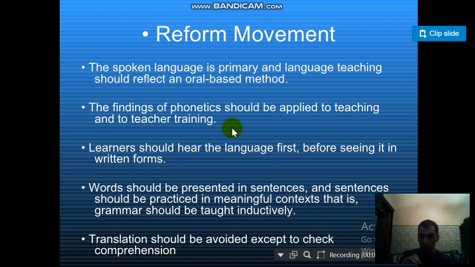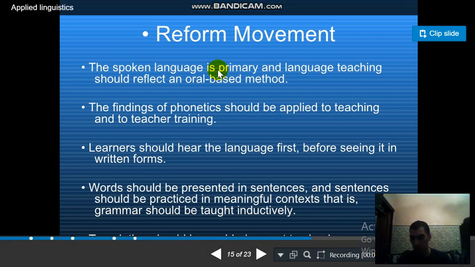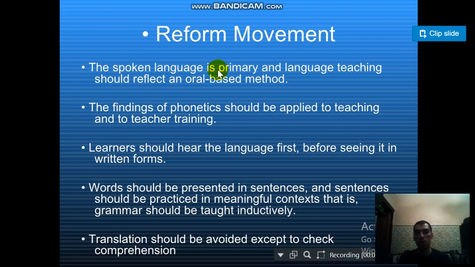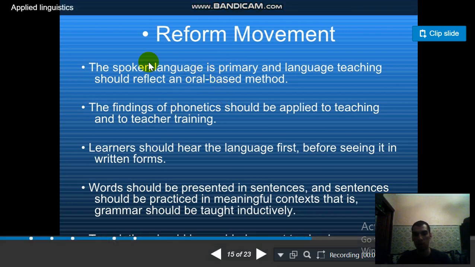And of course, before, when we were just evolving, before we had writing systems for any language, the first language, the proto-language that developed in the human species, was spoken primarily, and then after some time we developed characters, alphabets, and we started writing. That's why, based on this fact, language teaching should focus more on oral production than on written production.